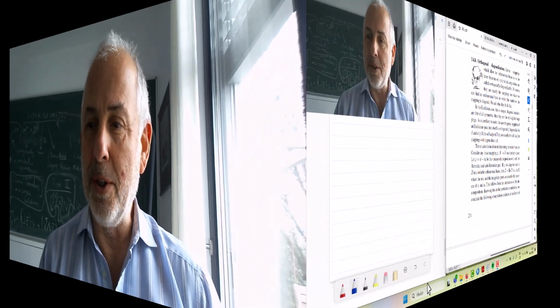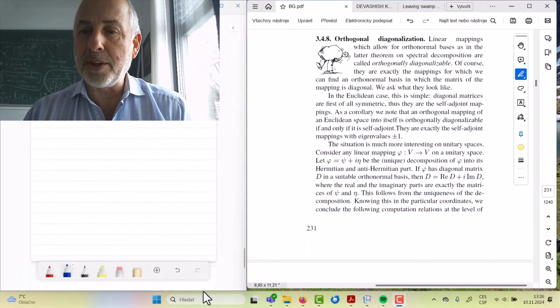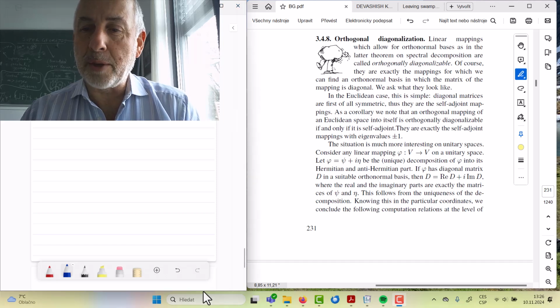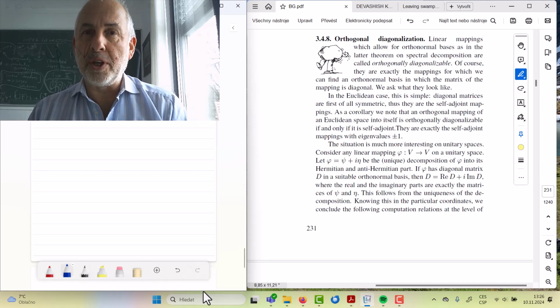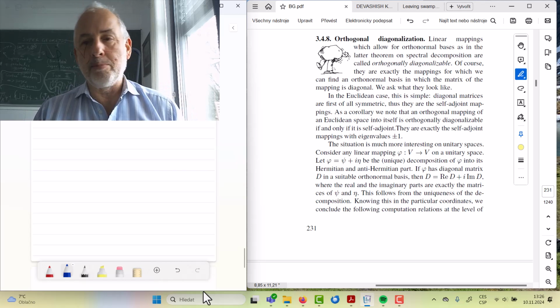So what's the problem? The problem is straightforward. We have got a mapping phi from V to V, so an automorphism. V will be either real or complex with scalar products, so either unitary or Euclidean.